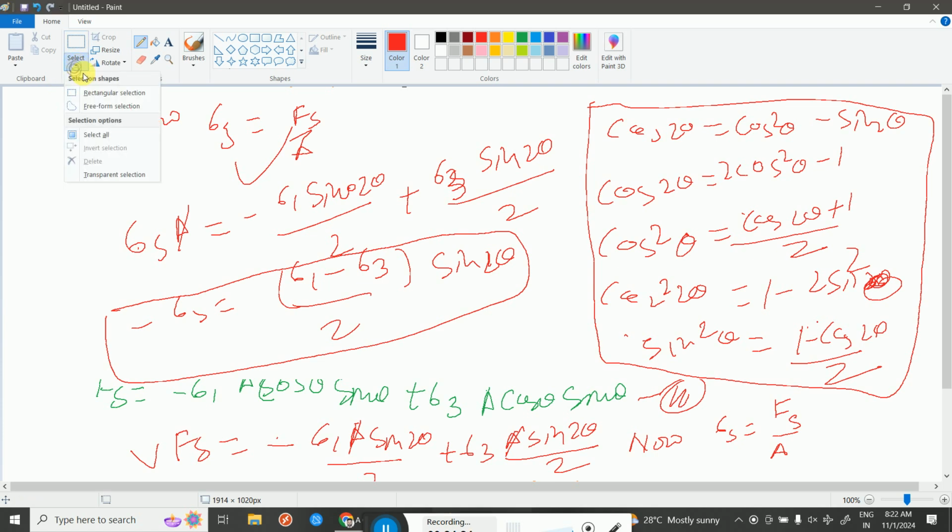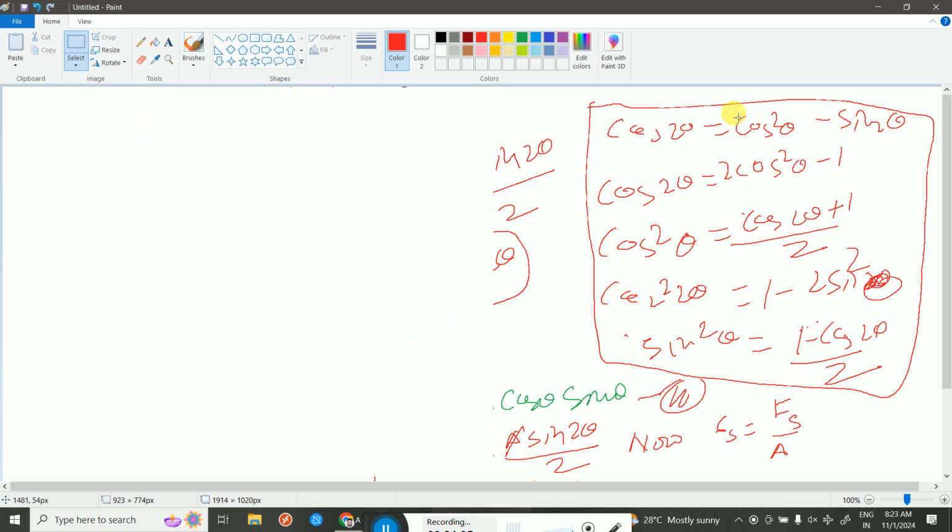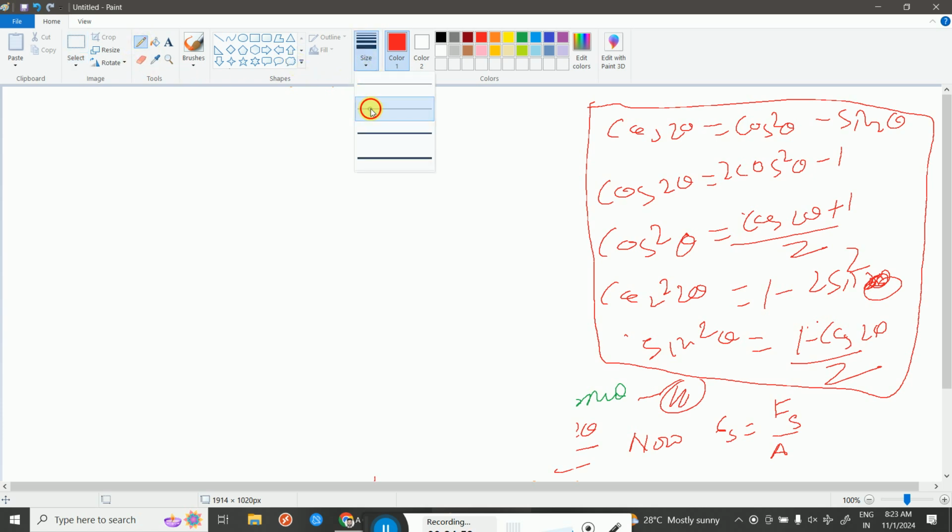If you remember, the equation number 3 is, let's just remove these things, we have derived sigma n is equal to sigma 1 cos square theta plus sigma 3 sine square theta.